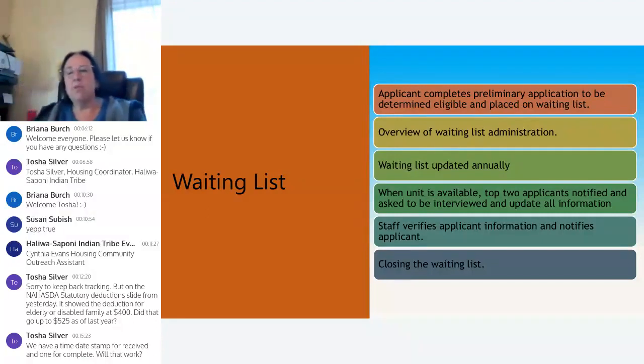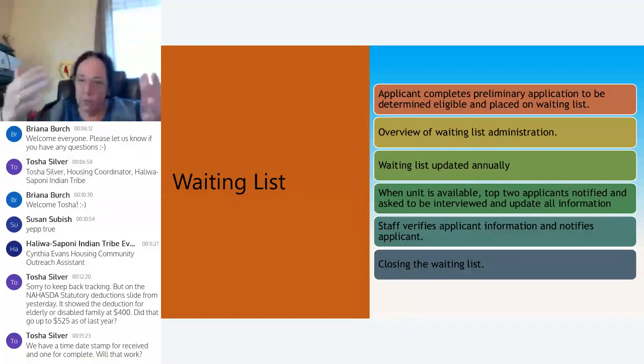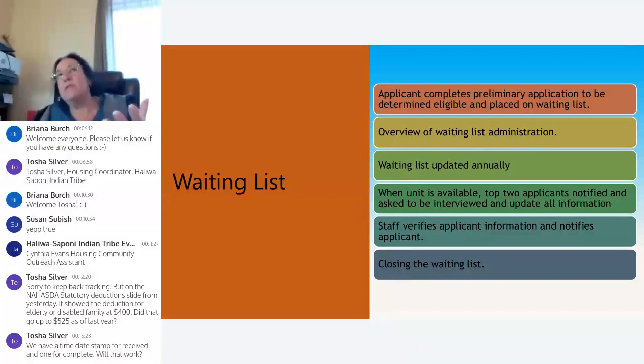So normally you pick your top 2 applicants, you notify the first one, and in the background you're asking them to make sure that somebody's contacting them: is this still the same? Is this still the same? Because if the information is basically over 30 days old, they consider it not timely. And you have to make sure that that applicant family is eligible at the time of admission.